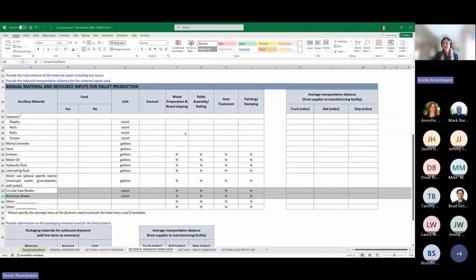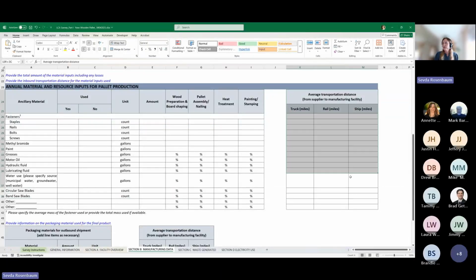And again, we're asking for some of the materials, we're asking what percent is used at which unit process. And here on the side, we also ask about estimated means and distance of transportation. So if you have supplier location, please feel free to enter the location as well, so we can estimate distances if you do not have the estimated miles.